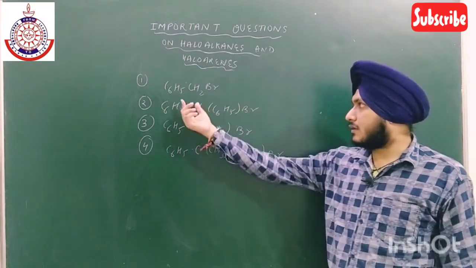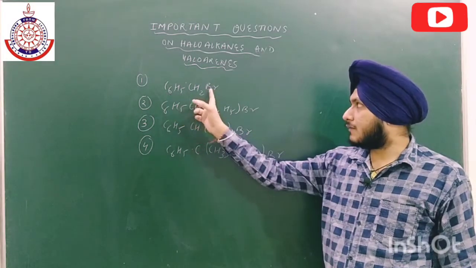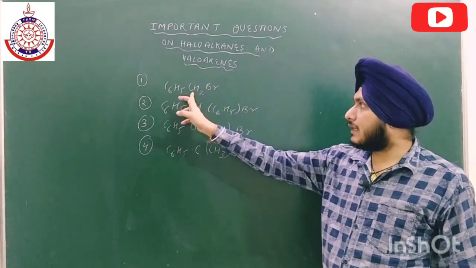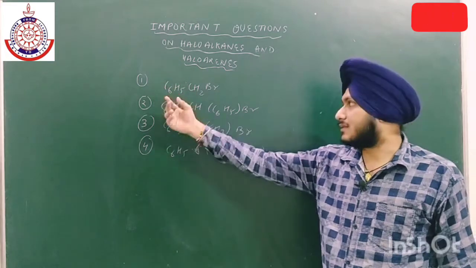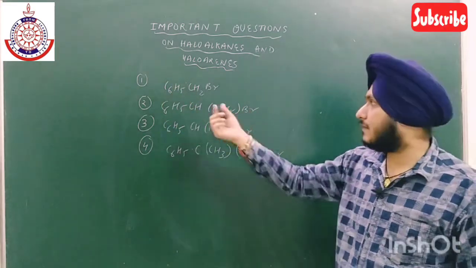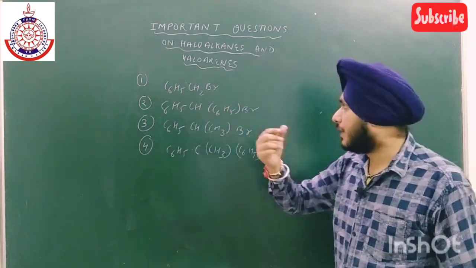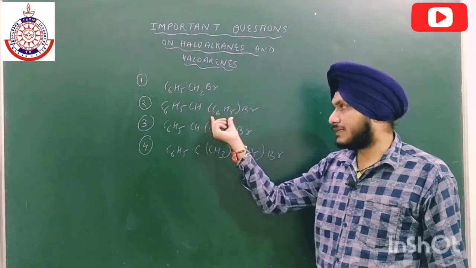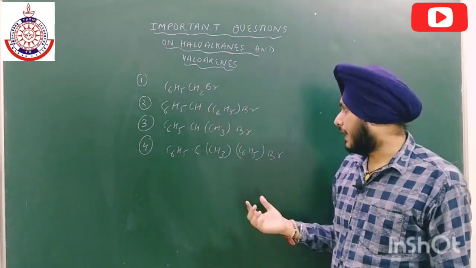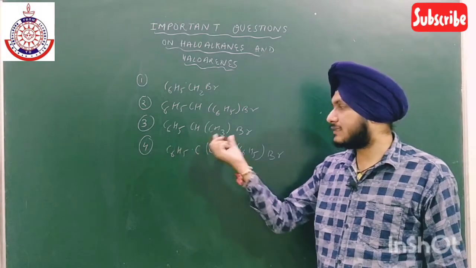Now in this compound, after the removal of Br, it will get resonance stability with the help of this benzene ring. In this case we have two benzene rings, so it is more reactive, and in this case one benzene ring and a CH3 group.